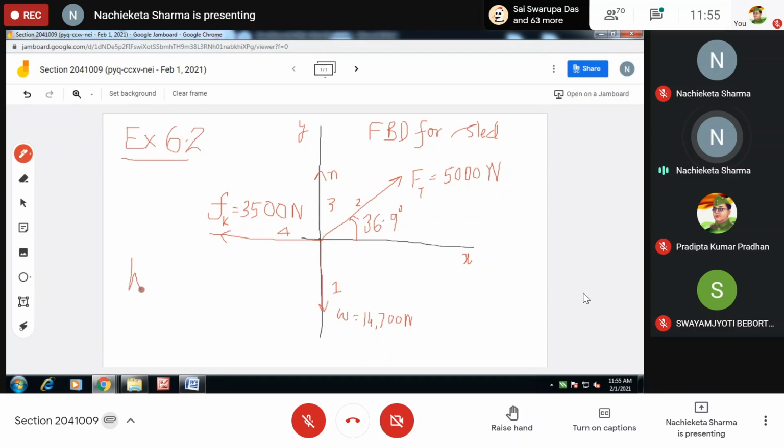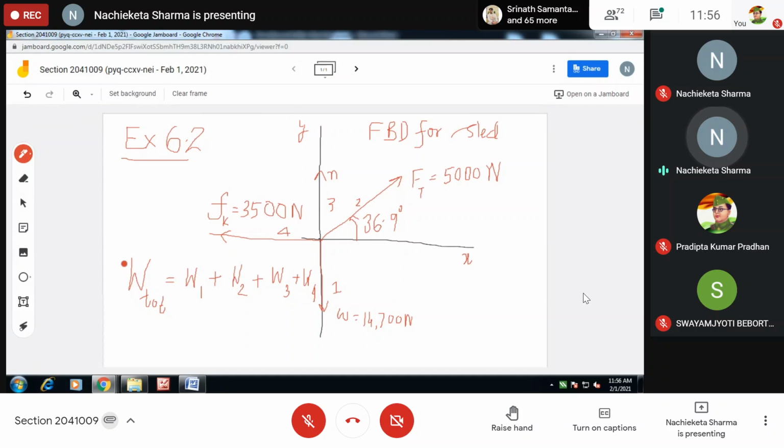So the total work W total is equal to W1 plus W2 plus W3 plus W4.